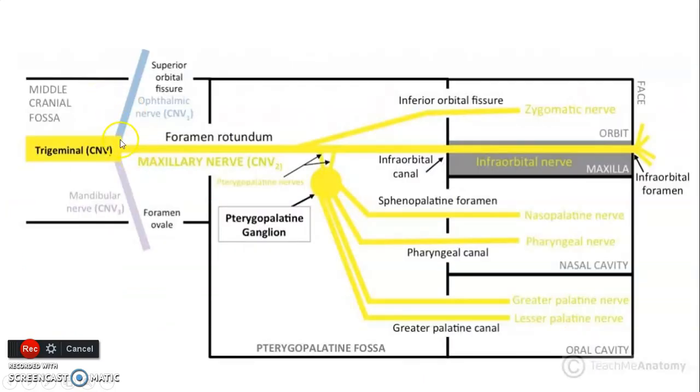So this is what we are discussing. Within the middle cranial fossa, that's where you have the trigeminal nerve dividing into ophthalmic, maxillary, and mandibular divisions. Maxillary will exit through the foramen rotundum and then give some branches.